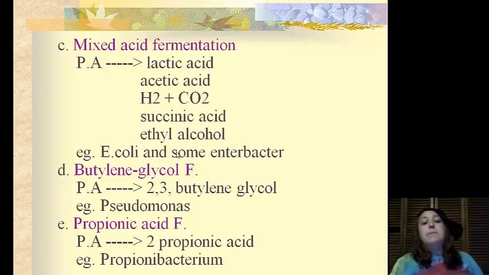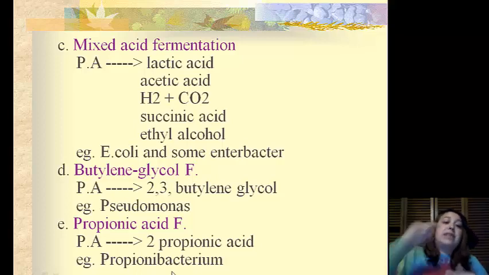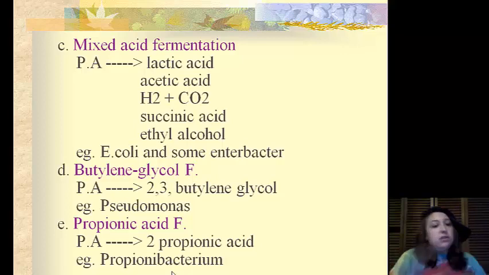We've got butyl glycol fermentation, which is done by Pseudomonas down here, and we've got propionic acid done by the propionic bacterium. Now, okay, C, D, and E. Don't have to know them for sure, but you do need to know that there are more than just 2 types of fermentation.